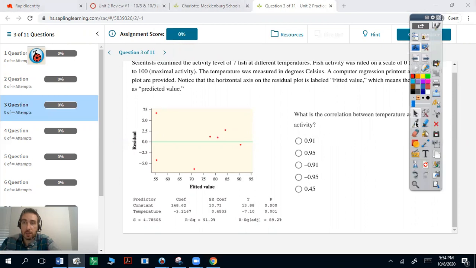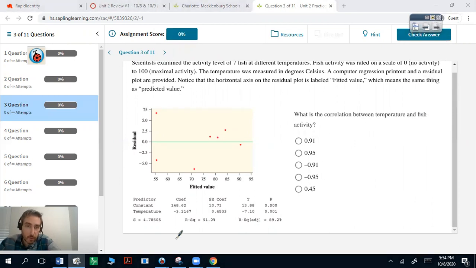So let's refresh on how to read a computer printout. The way that this works is the constant one, that's going to be your a value, that's your intercept. And then this negative 3.21, that's your slope. And correlation has to have the same sign as slope.